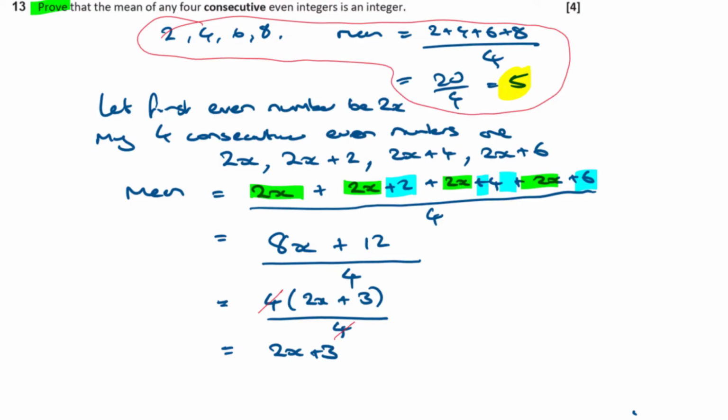And because 2x was an integer to start with, and then I'm just adding another integer to it, it's going to have to be an integer solution, isn't it?